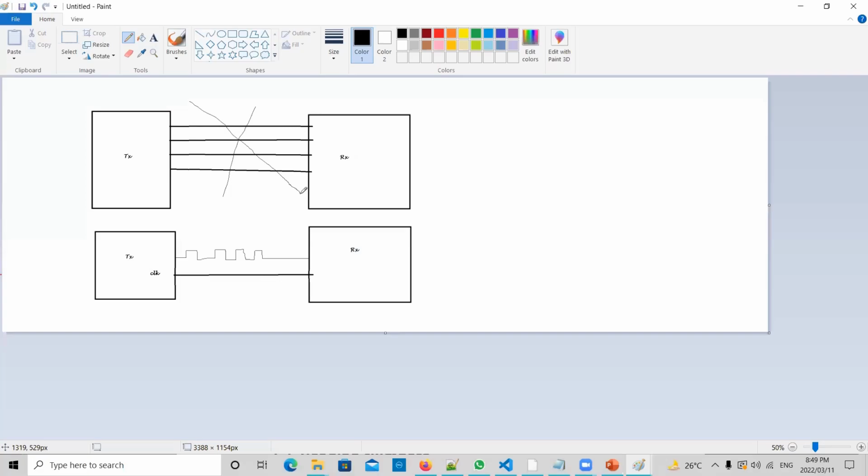So hardware wise, you need minimal wire connections. You can also get better performance than the parallel communication. That's why people moved to serial communication. Among these, the very first serial communication introduced was SCI, Serial Communication Interface.